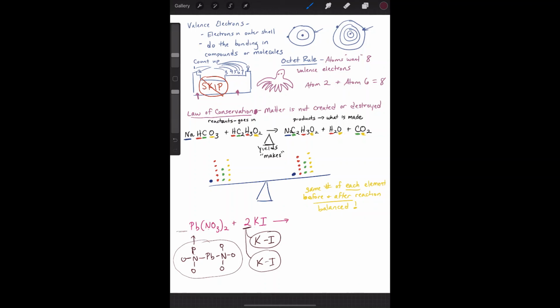So when balancing equations, or even when you're not balancing, when you're looking at chemical formulas, in a chemical formula, the subscript tells us how many atoms of each element.